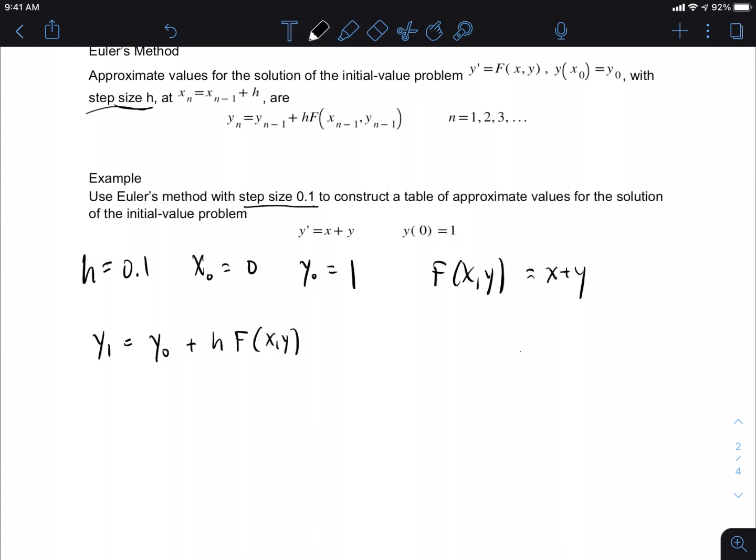So that's going to equal 1 plus 0.1 times x plus y.